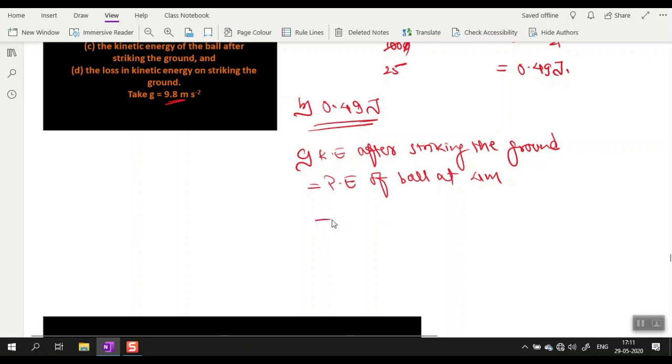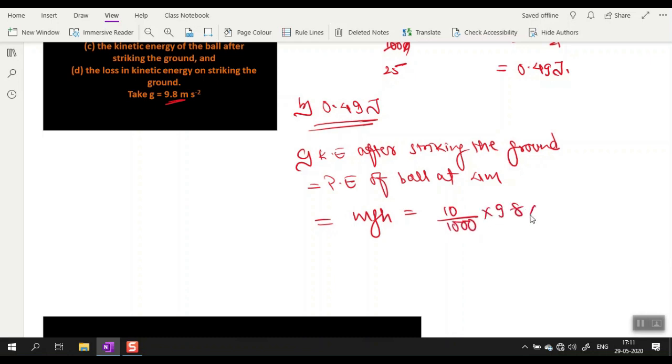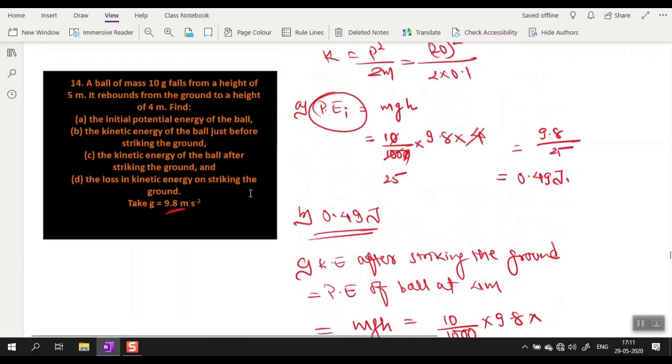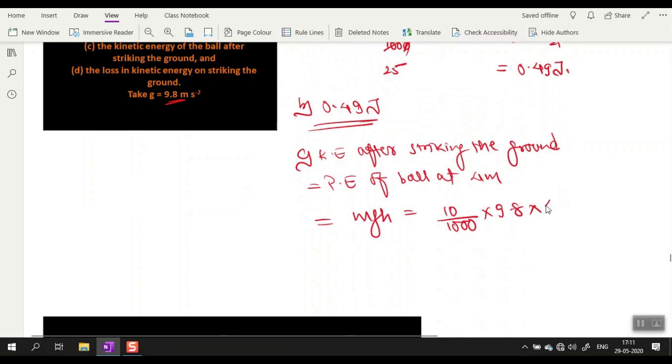Okay, so that is mgh, which is 10 upon 1000 into 9.8 into h. H is the height, and that is 4 meter.